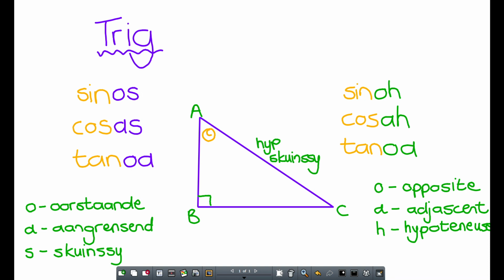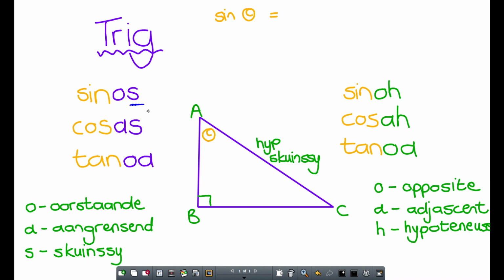Okay, so if I were to ask you, get sine theta. Ek gaan hom gou hierbo skryf. Sine theta. Met ander woorde, what they're telling me is I am working from theta. Okay? And to get sine theta, we now look at this. When we use sine, we need, what did we say the O is for? Opposite.